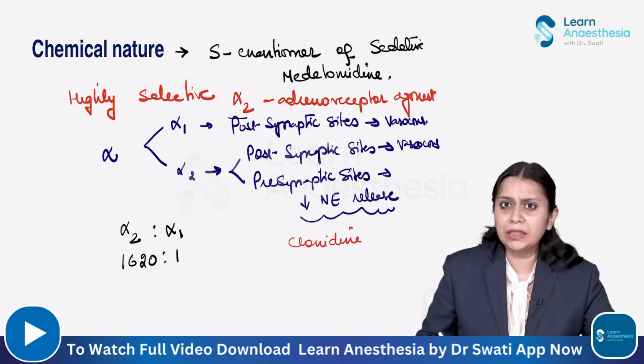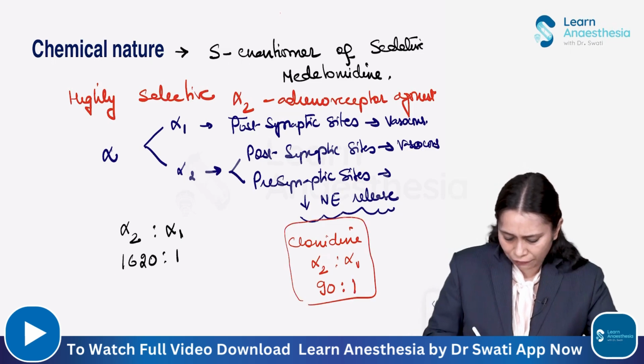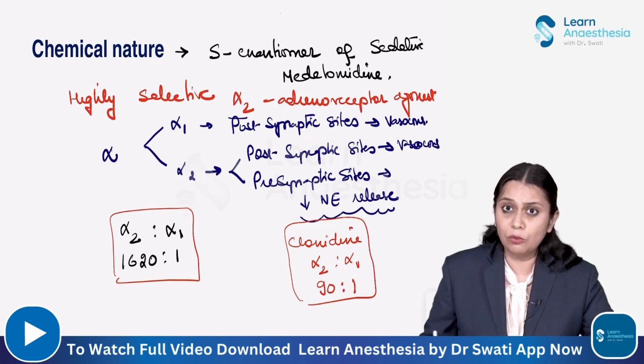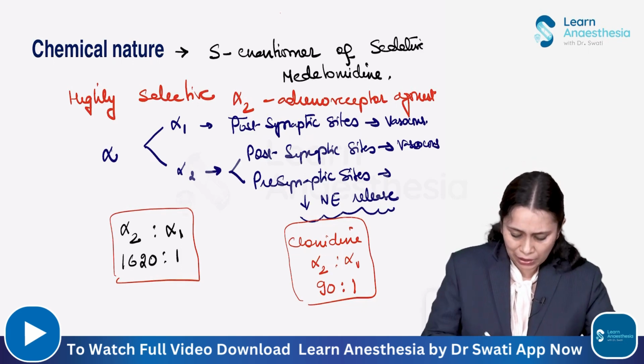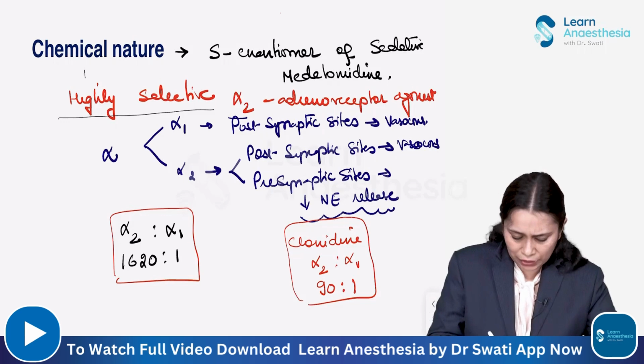Clonidine was in clinical use much before dexmedetomidine, and its selectivity for alpha-2 relative to alpha-1 receptor is 90:1, which is much less than what we have for dexmedetomidine, 1620 to 1. So that's why it is called a highly selective or pure alpha-2 agonist.